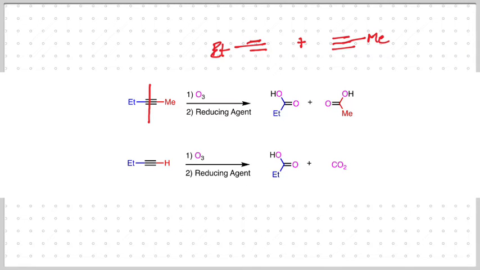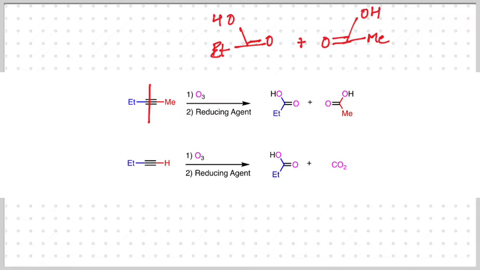Then what you do is you will erase the third bond, and instead of that you will add a hydroxyl group on both the parts. Then you just need to add oxygen atoms on the double bonds to get the corresponding carboxylic acids from the reaction. This is the case with an internal alkyne.